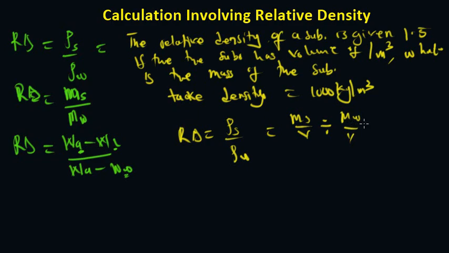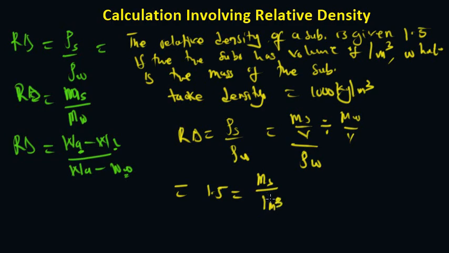We can just write this over density of water. By substitution, relative density, in this case 1.5, is equal to the mass of the substance, which we don't know, over the volume of the substance, which has been given as 1 meter cube.